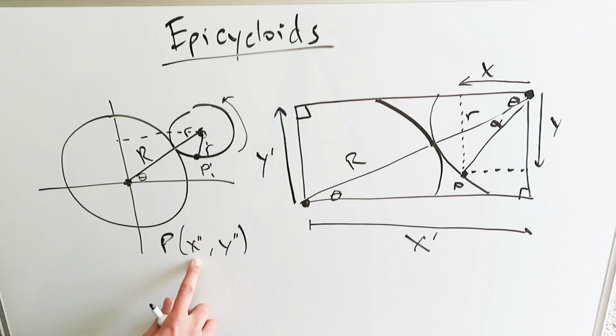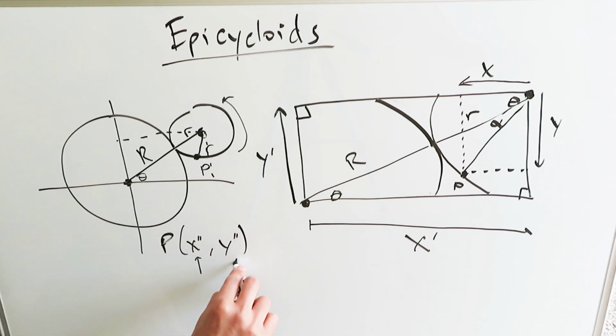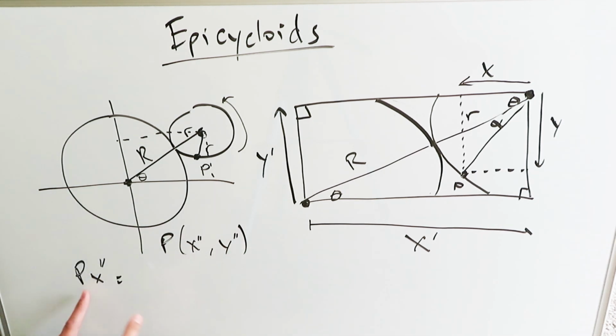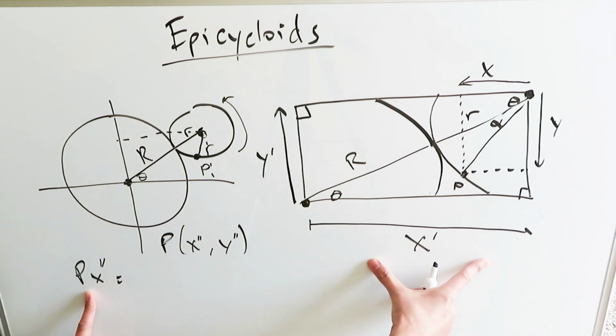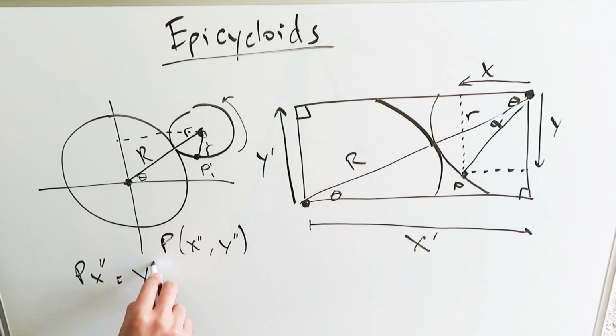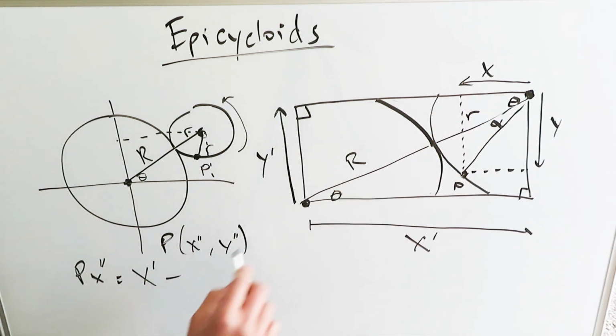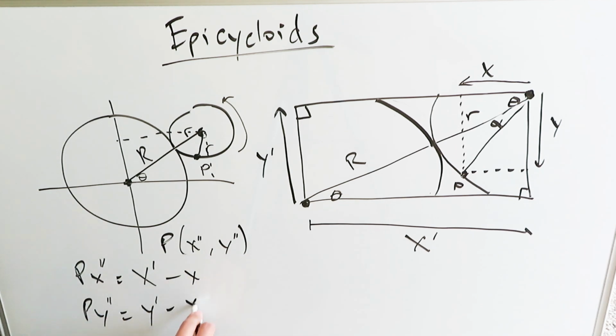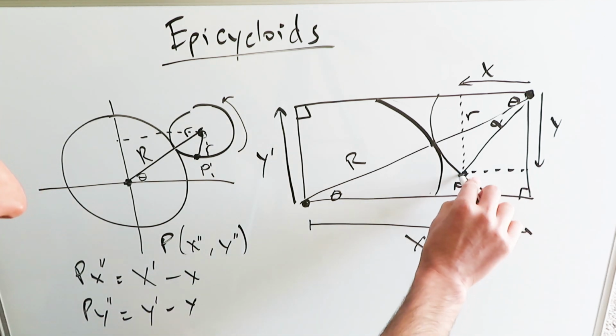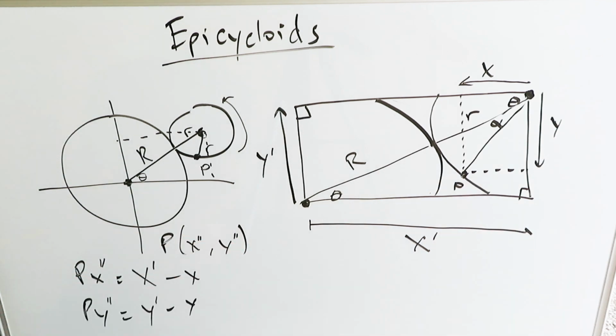How am I going to get the parametric equation for this and this? That is the task, and that is what we need to determine here for you in this video. To get this x double prime, I'm going to take this length x prime, and I'm going to minus from it x. To get the point y double prime, I'm going to do y prime minus y, because it will give you exactly here. Think about your x values.